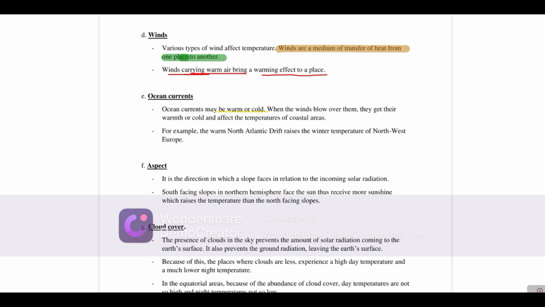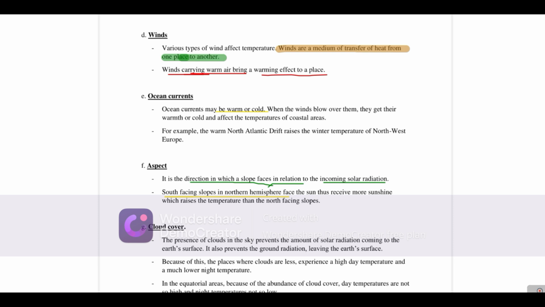Now we say the south-facing slopes in the northern hemisphere. You should note the main point, because we are looking at facts.